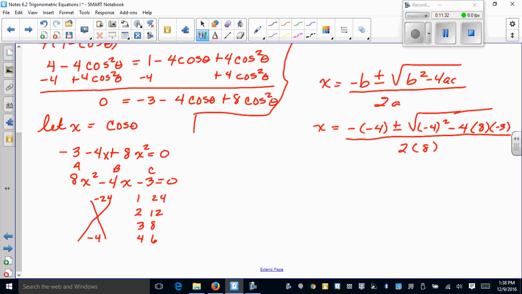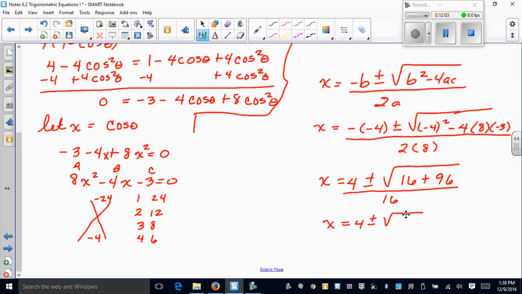So we get x equals 4 plus or minus the square root of 16 plus this negative, and that negative is going to make it plus. 3 times 8 is 24, and 24 times 4 is going to get me 96, all over 16. So we get x equals 4 plus or minus the square root of 16 plus 96 is 112, all over 16.